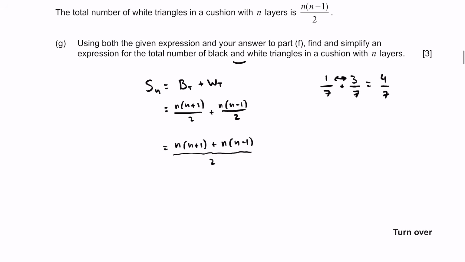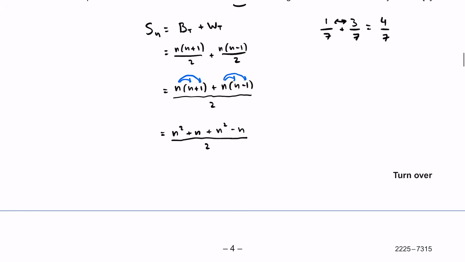Now let's expand. n times n plus 1 gives us n squared plus n. Same here, n times n minus 1: n times n is n squared, n times negative 1 is a negative n. This is all over 2. All right, let's group like terms.